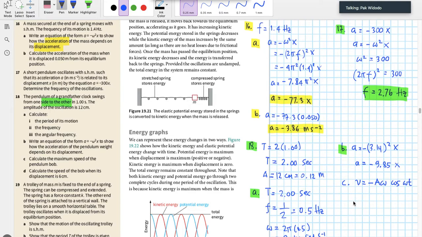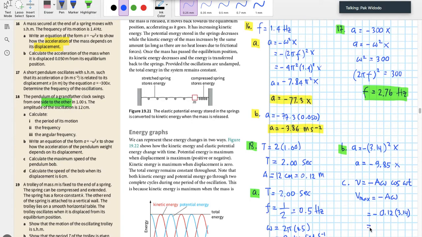So when they ask about v maximum, this is when cos omega t equals 1, the same as A omega. So v maximum equals A, which is 0.12, and omega is 3.14.